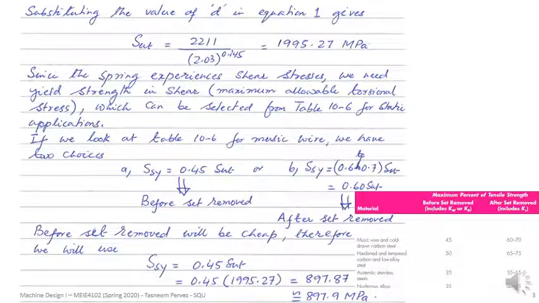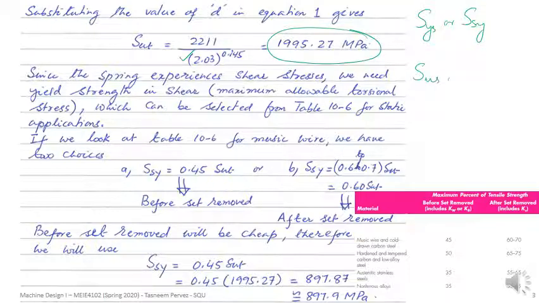Now let's go on. So I know now the D, so I got my ultimate tensile strength. Once we have the ultimate tensile strength, I need the other material parameter, which we call SYS, or somewhere it is written as SSY, which is the same thing, or SUS or SSU.